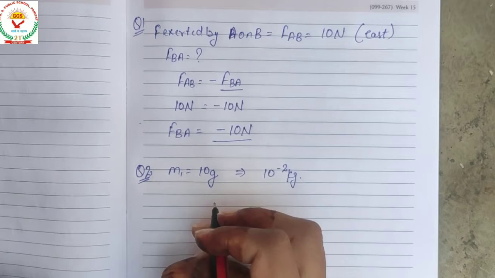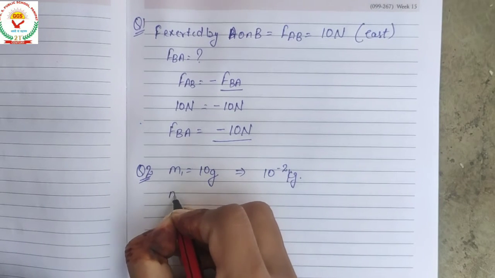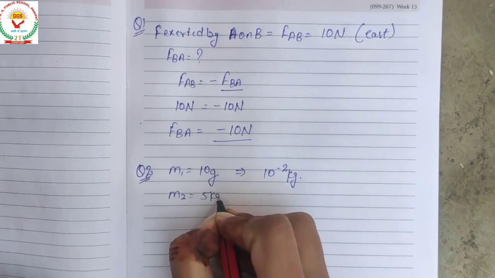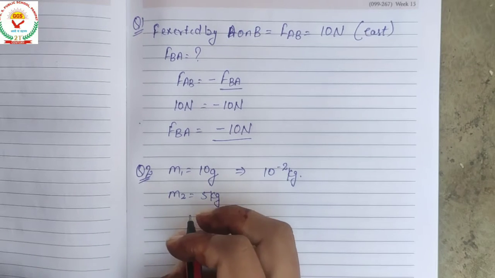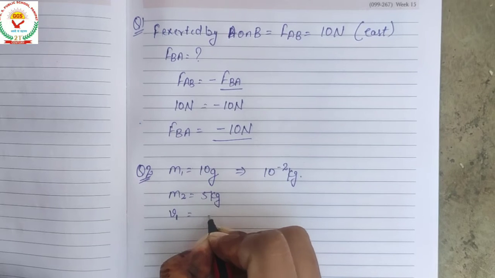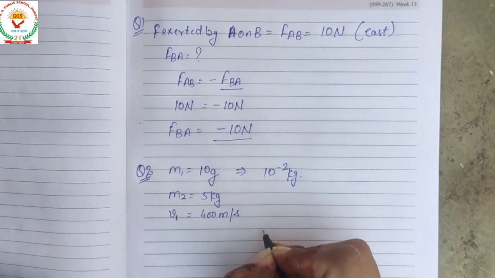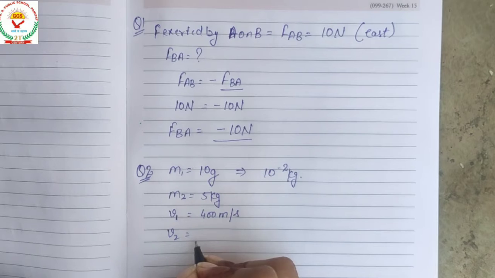Now M2, the mass of the gun, is 5 kg. Next, the velocity of the bullet, V1, is 400 meter per second. We need to find out V2, the recoil velocity of the gun.